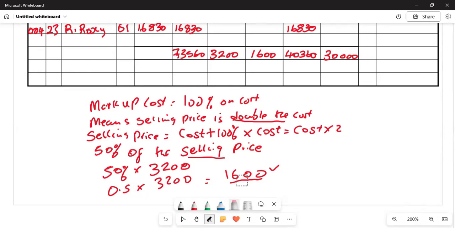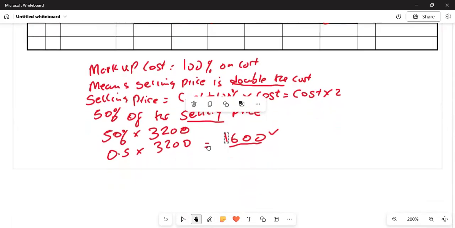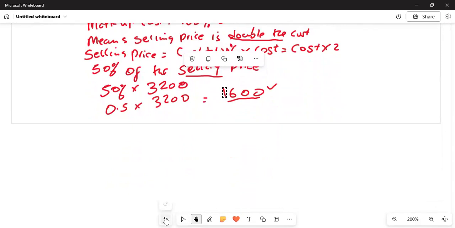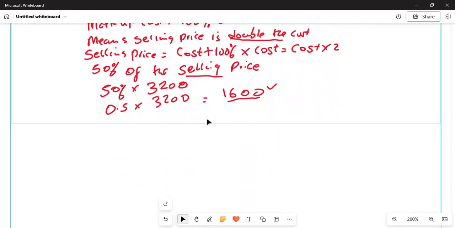If we sold goods on credit to Roxy, it means we are going to apply the very same way that we calculate the cost of sales for that cash of 3,200 that we received from Roxy.